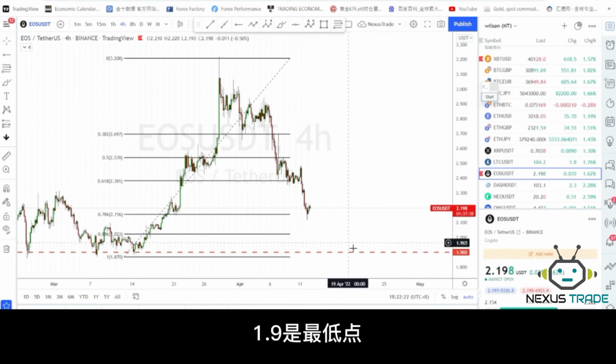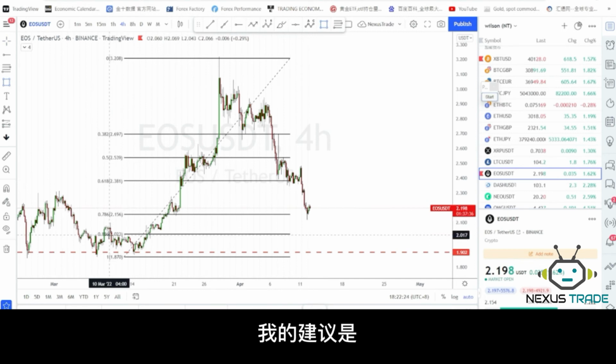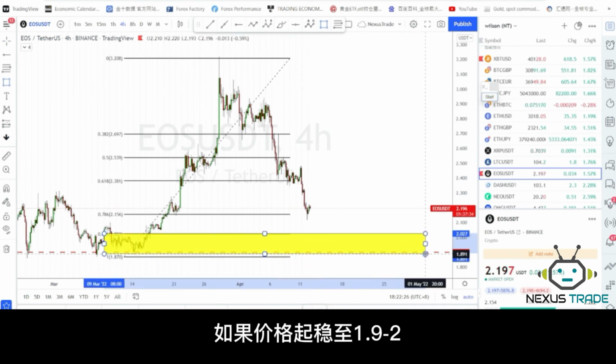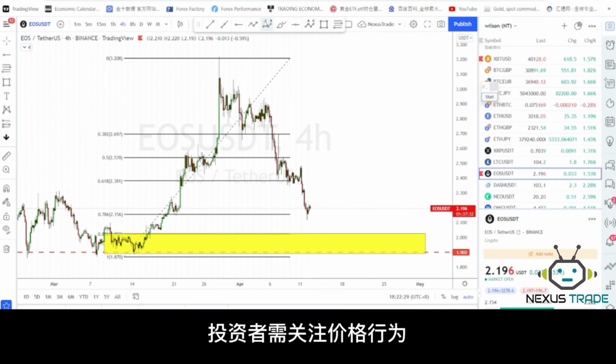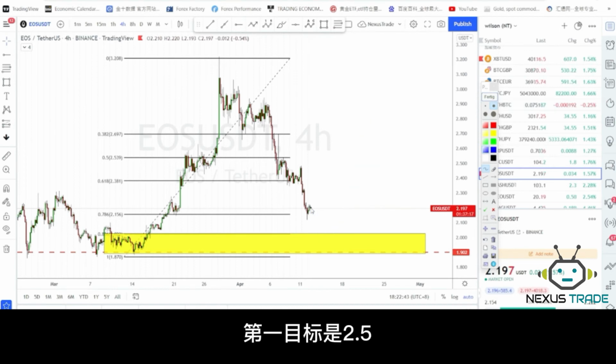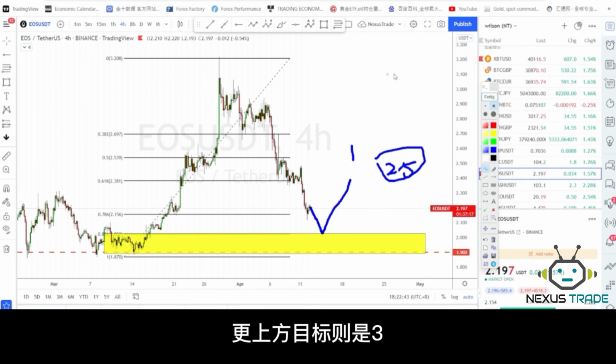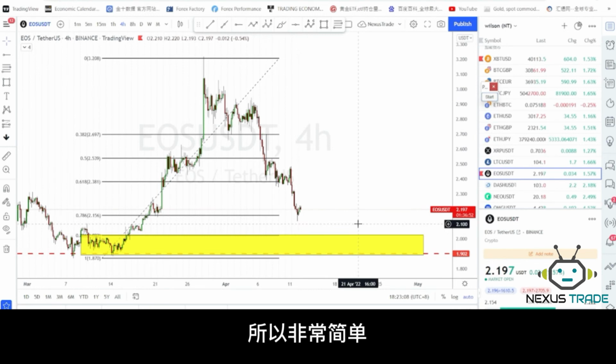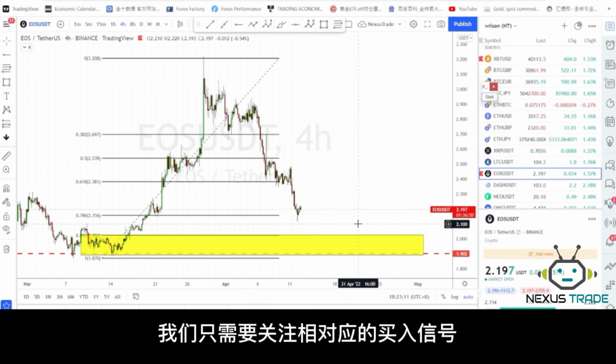Alright, of course 1.9 is the lowest. So my suggestion is, as long as the price pulls back to 1.922, you have to monitor the price action. If the price stands firmly over here, then we should buy EOS. And the first target will be 2.5. Then the upper resistance will be 3. So it's very simple. We just need to wait for the signal respectively.